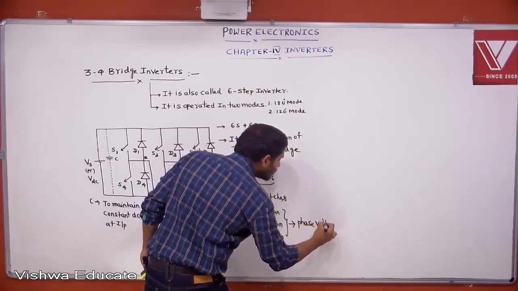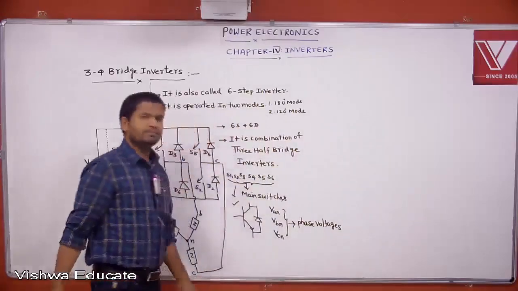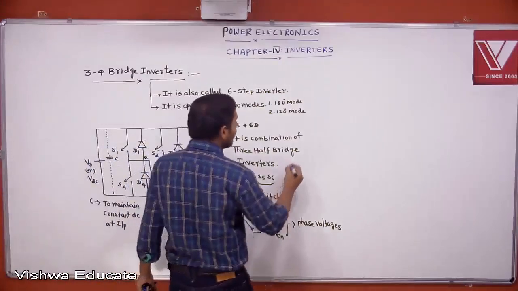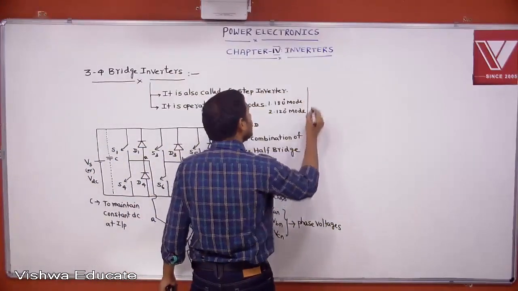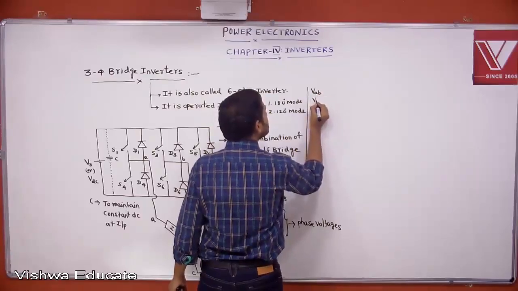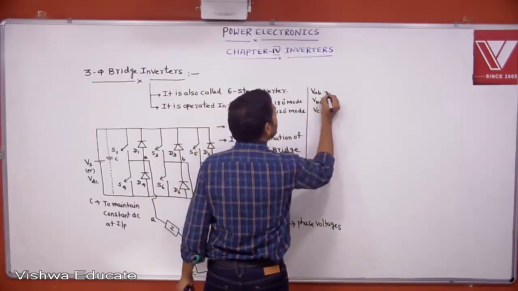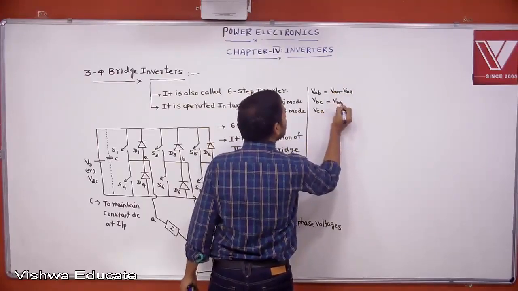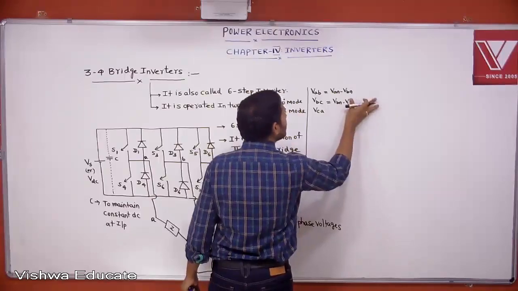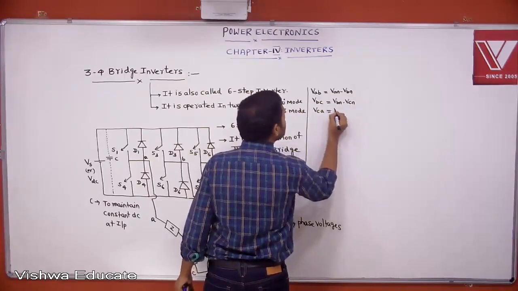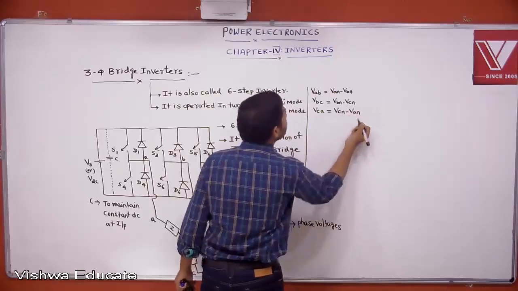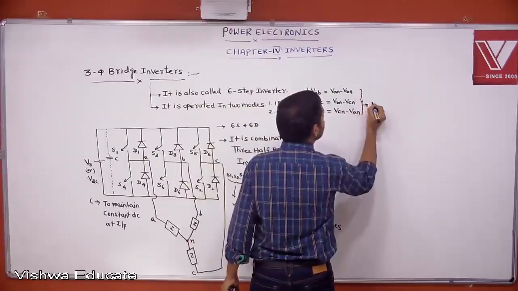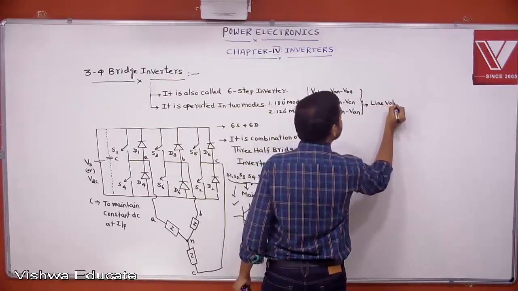Then, VAB, VBC and VCA: VAB is written as VAN minus VBN, VBC is written as VBN minus VCN, and VCA is written as VCN minus VAN. These are taken as line voltages.